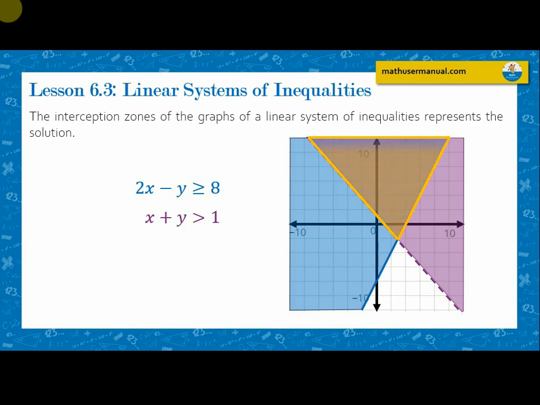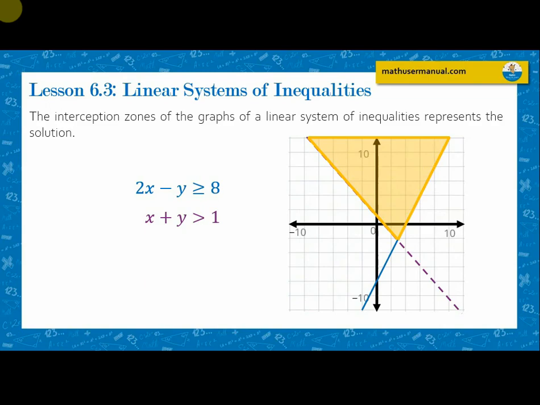This region is intersected by the two regions of our inequalities. So let's delete everything else. This is our solution. Now let's fix it a little bit, because we don't really have a top limit. This region keeps going up and up to infinity. And remember, the purple line cannot be touched, so let's turn it into a dashed line. This region is our solution.